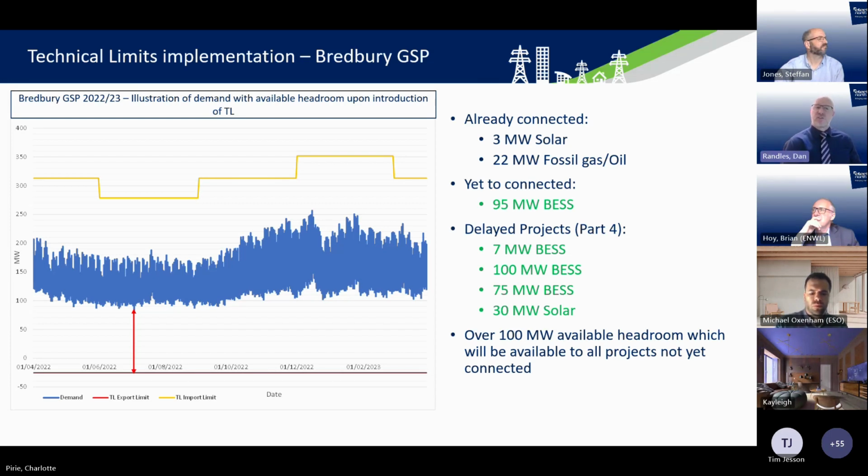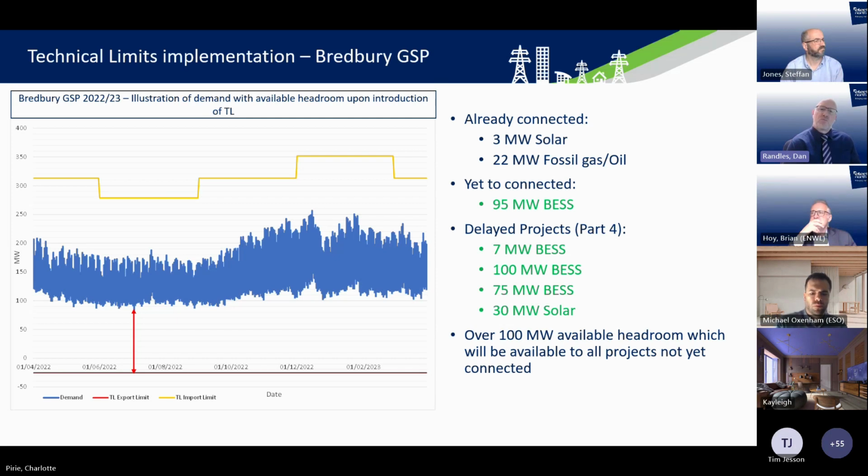They're already connected, so they're already in the background, forming that blue curve that we've got there. And then we've got this rather large 95 megawatt battery that's been consented to connect. National Grid have provided the approval to connect, but that battery is not connected. It's currently sat in that Part 2, waiting to build out, etc.